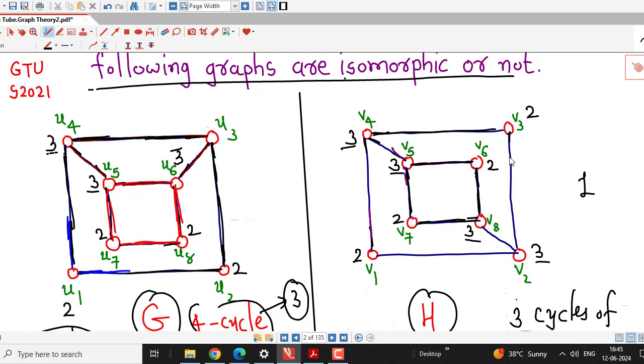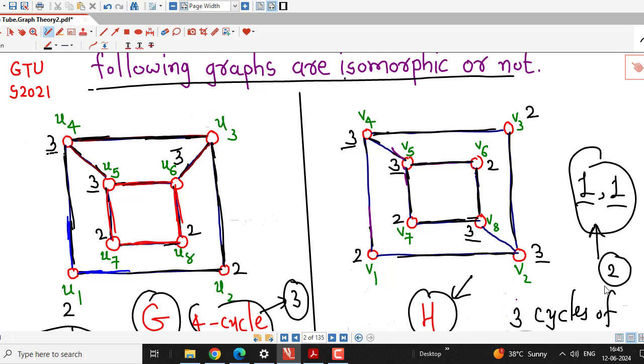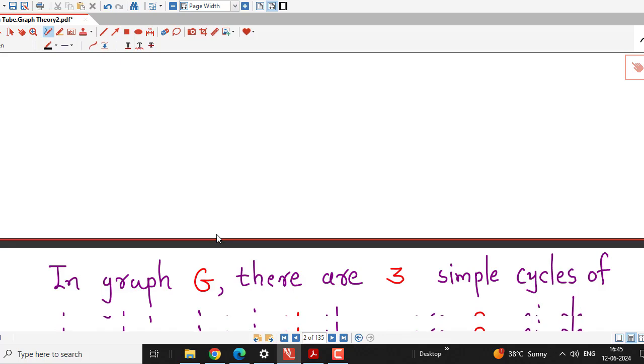Similarly, if we go along this big square, then it is another simple cycle of length 4. But there is no other simple cycle of length 4 except these two in graph H. By observing graph H carefully, I find that there are only 2 simple cycles of length 4 in graph H, and in graph G there are 3, and therefore G and H are not isomorphic.